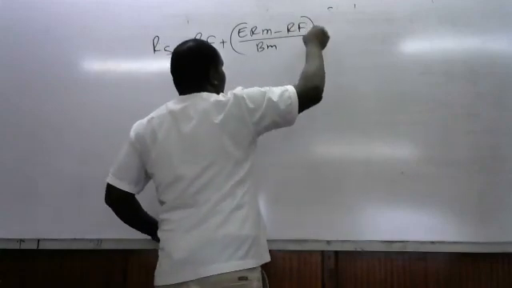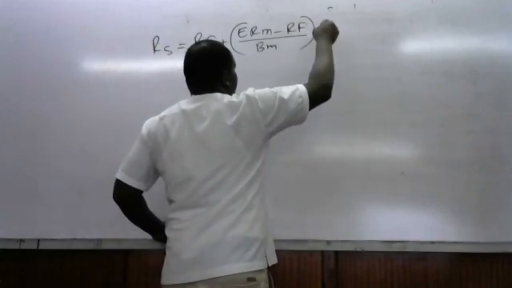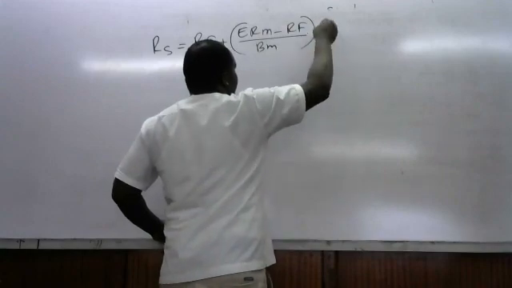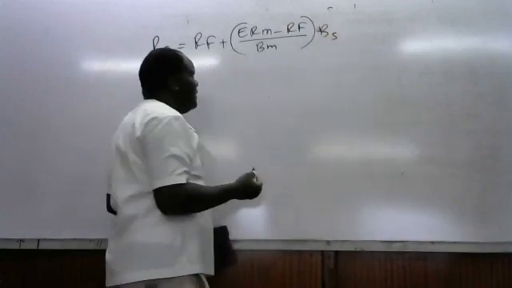Then we multiply by the beta factor of the security.